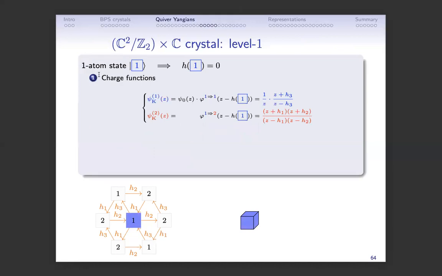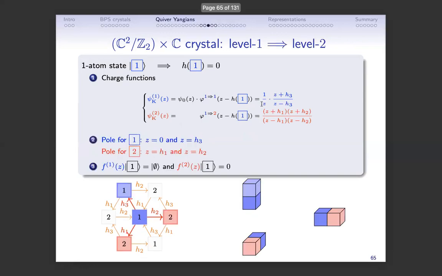And then the next level. The initial state is this one-atom state, and these are the two charge functions. Again, you can look at the positional poles. For the blue one, you have two poles. The first pole is a removing pole for the existing atom, and then there's one adding pole, which is the atom along the x3 direction.